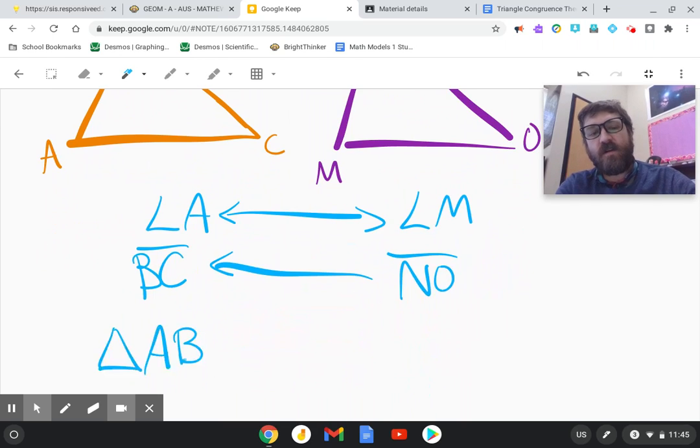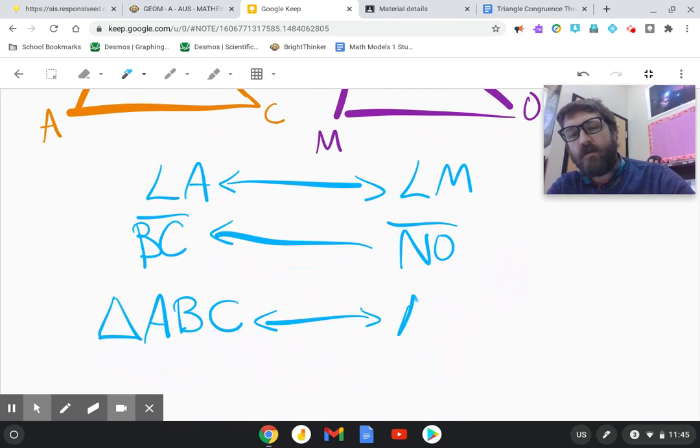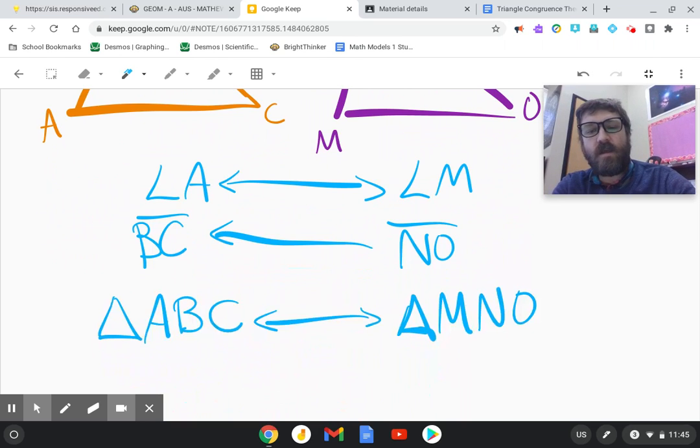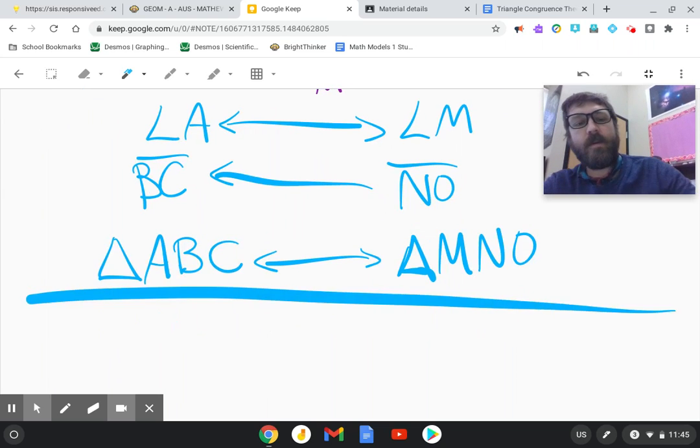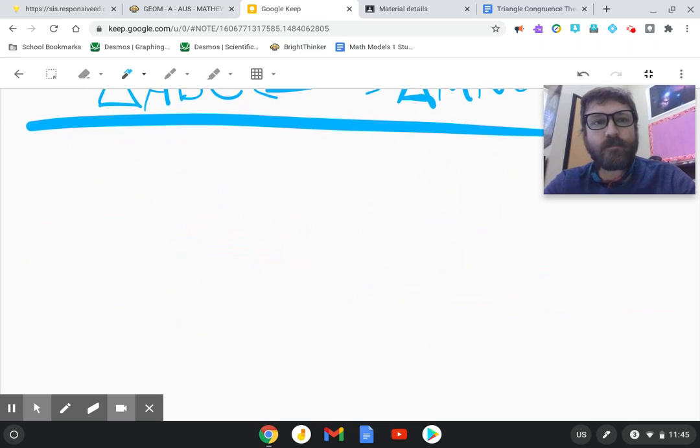So if I said triangle ABC, I would say it corresponds with triangle MNO. It looks like an A. And so it's important that we always have things together with their pair when we're talking about triangles. So that's one big terminology thing we need to get around.